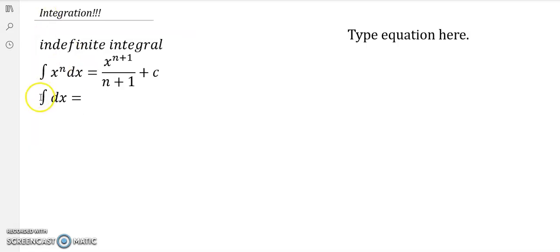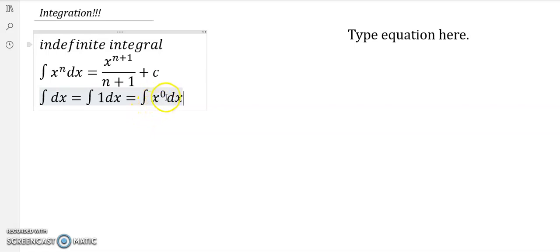We are integrating with respect to the variable x. However, here there is no x. This can be written as the integral of 1 dx equal to, we have to transform this to the integral of x to the power 0 dx.